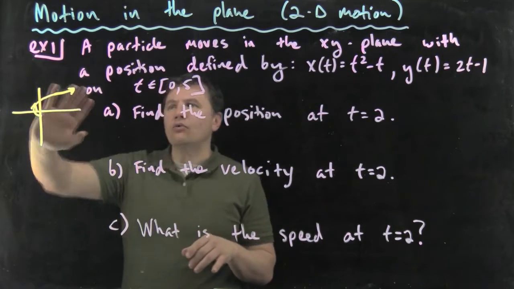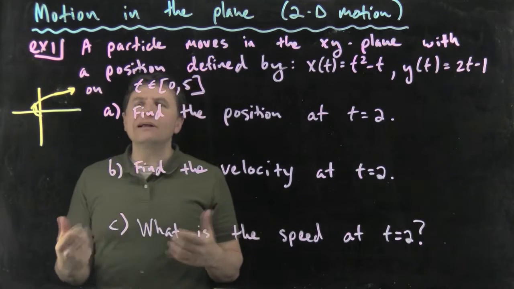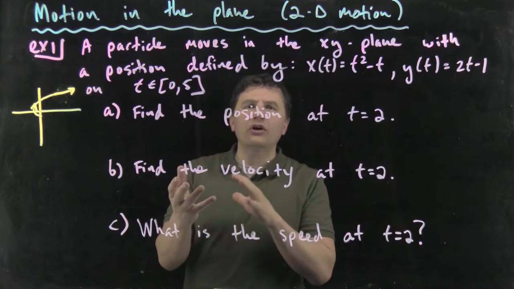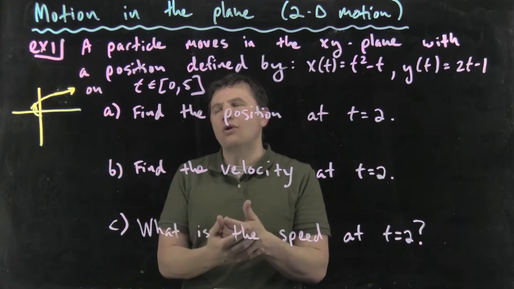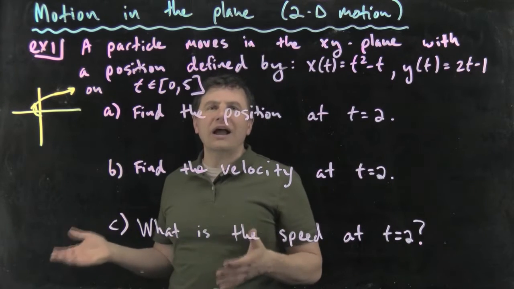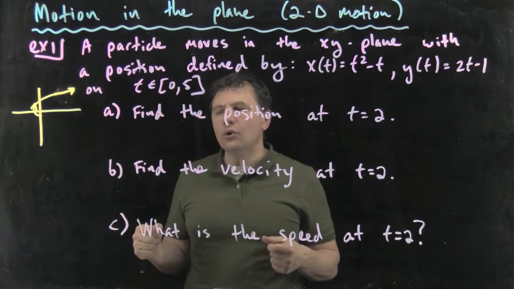So I went ahead and graphed what this parametric equation looks like on 0 to 5. Let's be clear, a lot of times we don't have this graph, and I will tell you, if you do need the graph, they give you the graph. There's really no time on the AP test where we're really graphing parametrically. It's just not something that we really need to do.